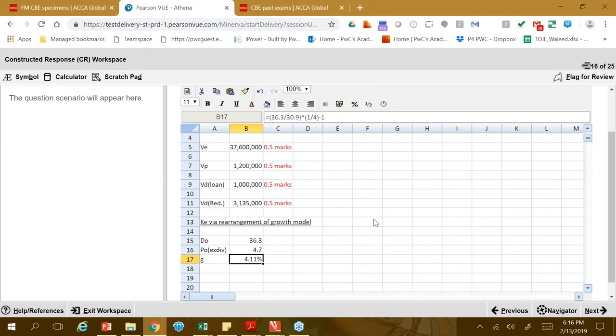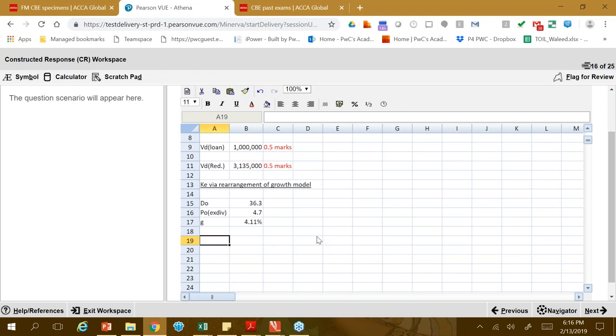We'll show this growth in percentage form, which is 4.11%. Now, once we've got the 4.11% growth, I'm going to use the rearrangement of the growth model to find the KE. You can just put the dividends as 0.363 because we are working the share price in dollar terms, so the dividends also have to be in dollar terms.